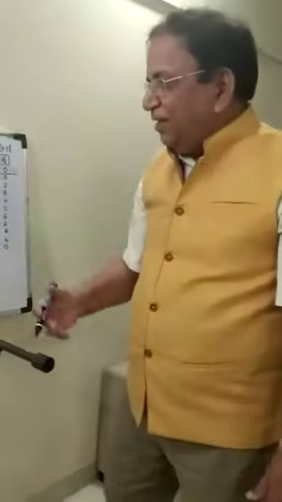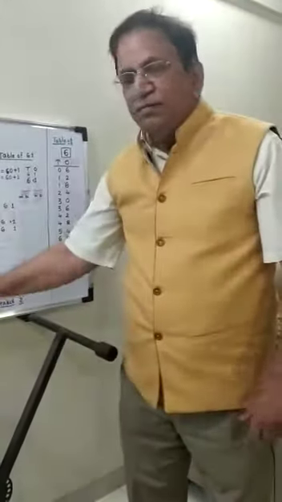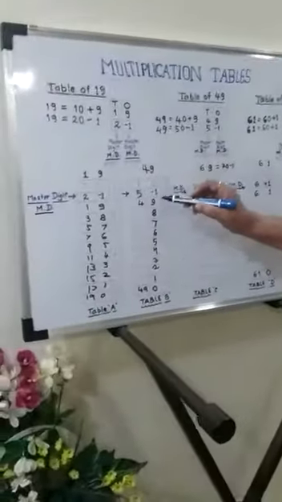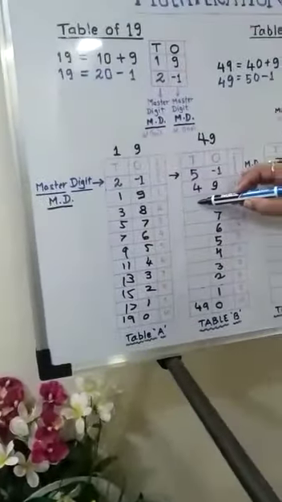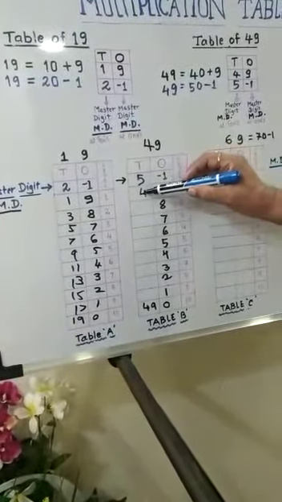Now let us go to the tens place numbers. If we can get these numbers, then our entire table will be ready. We know the first number. To get the next, just add the master digit to the number that we know.